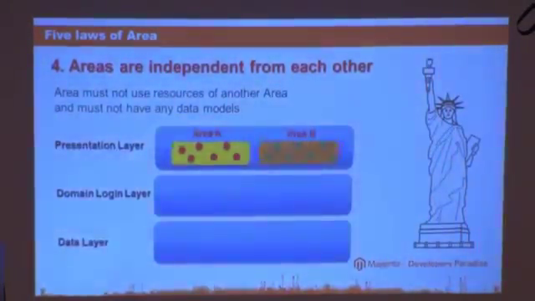Why can an area not have any data models? Because if some area provides a data model and you use this model in your modules, you have to create a dependency on this model. But according to the area concept, you mustn't have dependencies on area models. That's why an area cannot have data models. It's clear, okay?